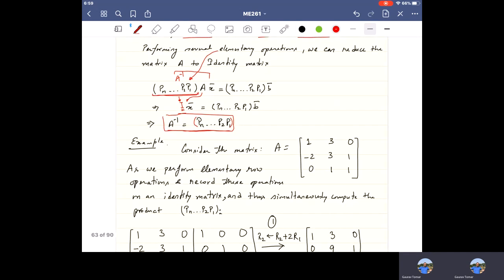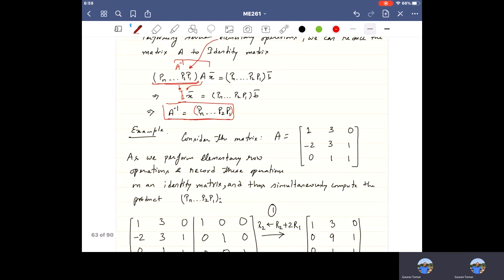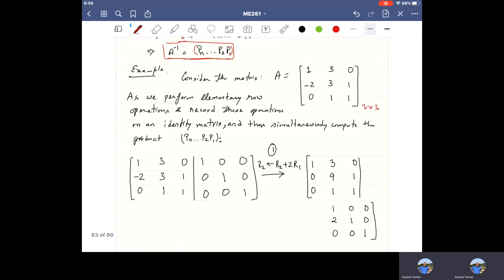Now to show this, let's consider a 3 cross 3 matrix. We perform only these elementary row operations, and we keep track of them by performing them on an identity matrix on the right. That's what I think was taught to you, and it is exactly what you were doing earlier, but maybe the reason was not clear. Now the reason has become clear. You start with the A matrix here and the identity matrix here, then you perform row operations.